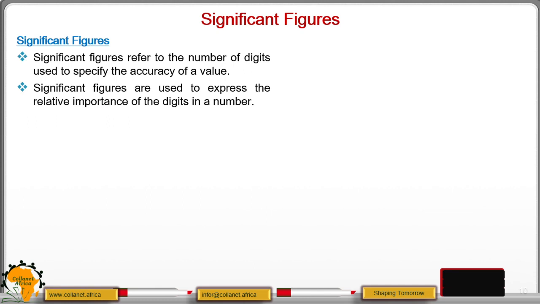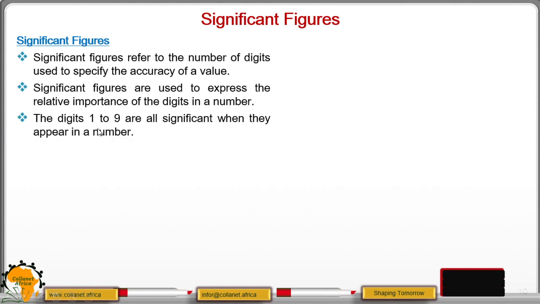Now, when you write that way, you're able to show the accuracy of the value. For example, we have the digits 1 to 9. By 1 to 9, I mean those numbers between 1 and 9. They are all significant, or they are all important when they appear in a number.